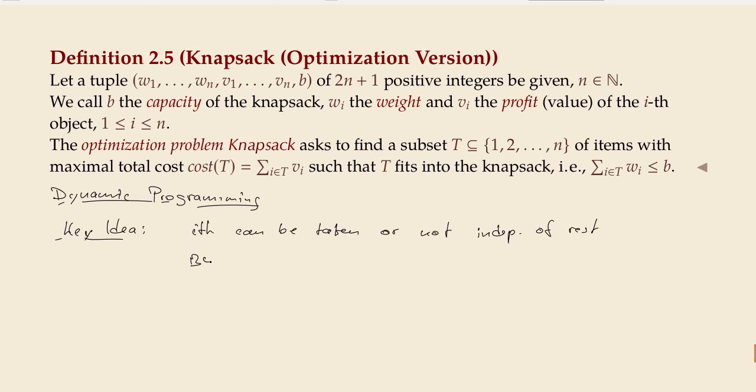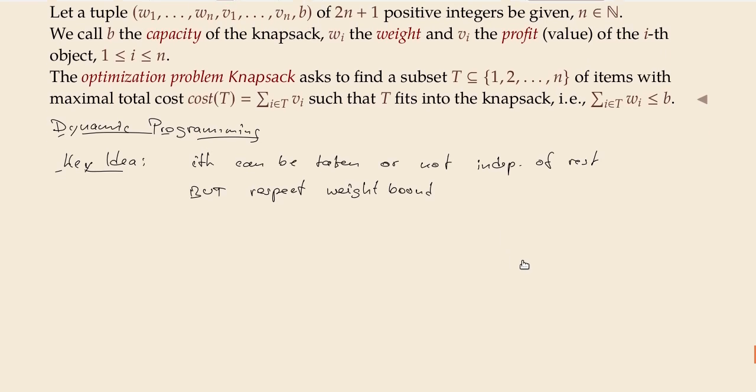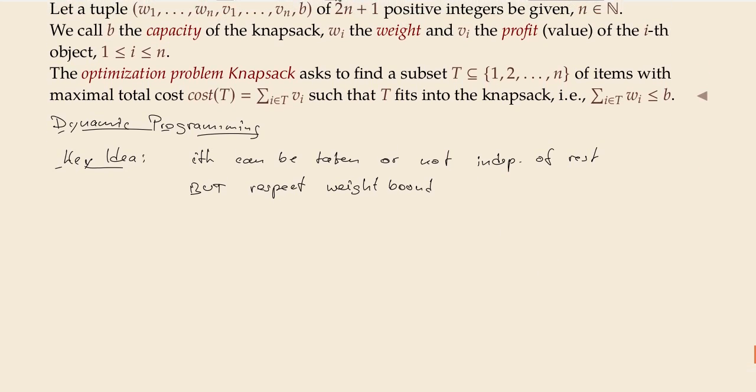But we have to make sure it's not too heavy, so in total we have to respect the weight bound. Still, in a sense, it's only the total weight of all other items that we pick and the total value of all other items that we pick that has an influence on the decision whether we pick the ith item or not. But still, the problem is, how shall we decide whether we should pick it or not?